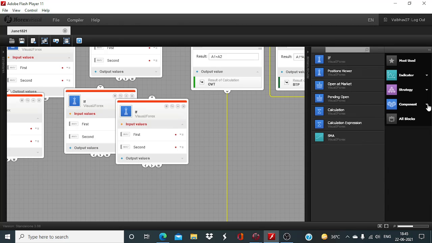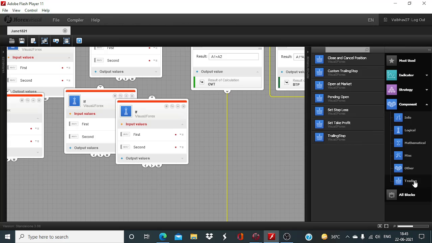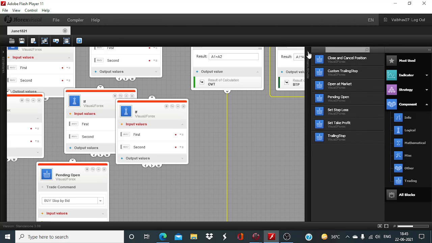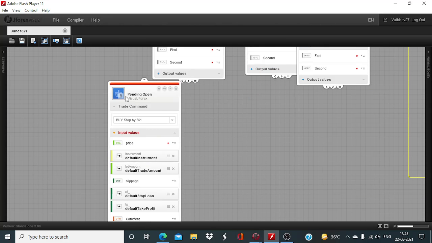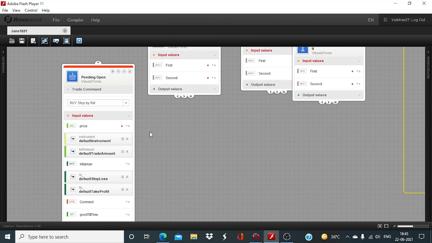And after this trading block, we are also going to need a couple of calculation expressions which we will bring in as and when required. This is going to be sell limit order.